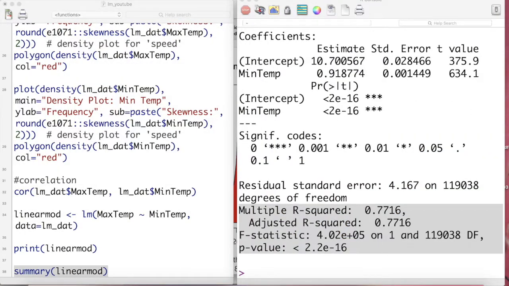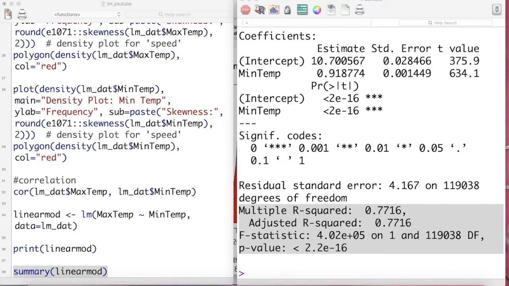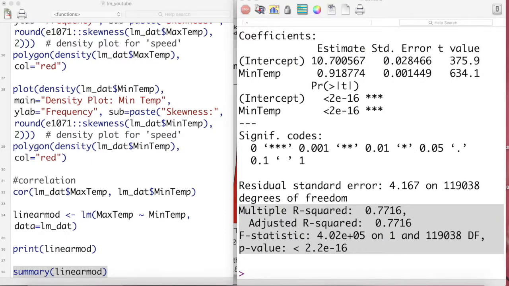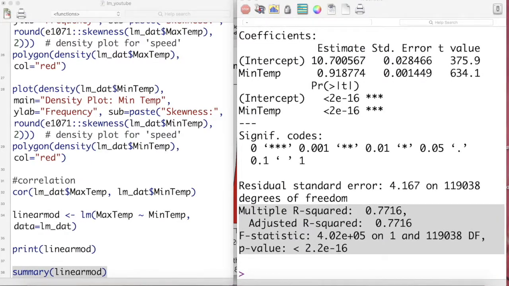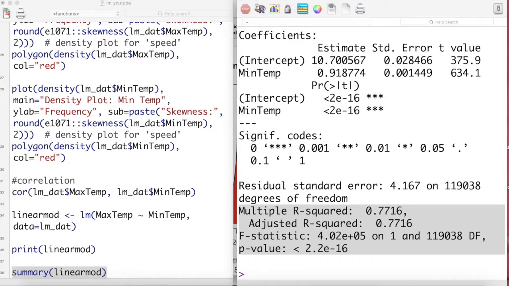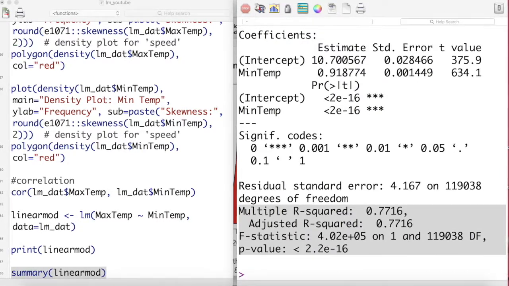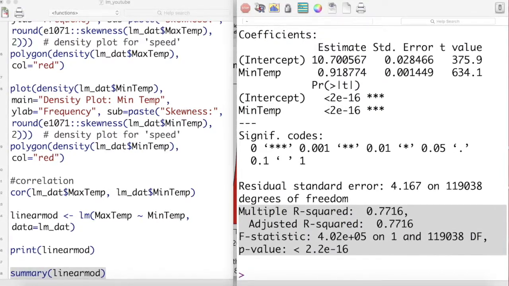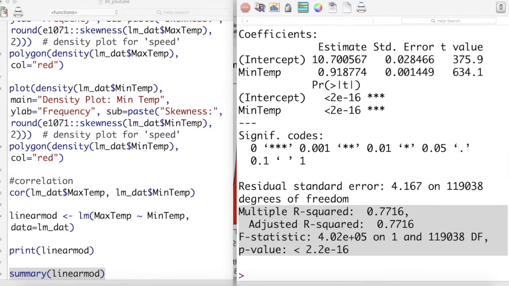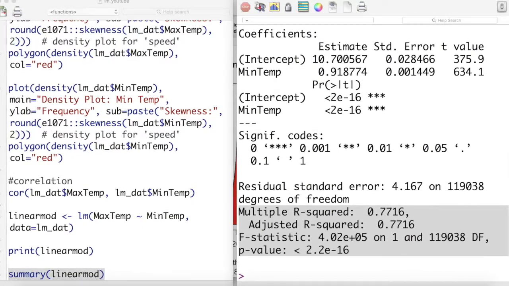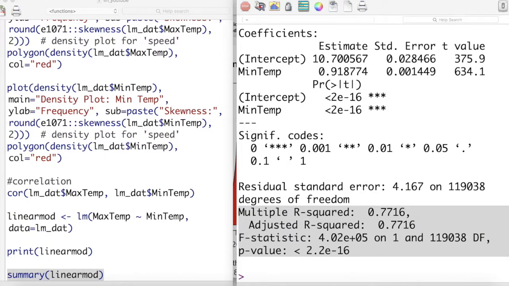The last part of the summary is the multiple R-squared and the adjusted R-squared. R-squared tells us the proportion of variation in the dependent variable that has been explained by this model. As our R-squared value is 0.77, it means that 77% of the variability in the maximum temperature values can be explained by the variability of the minimum temperature.